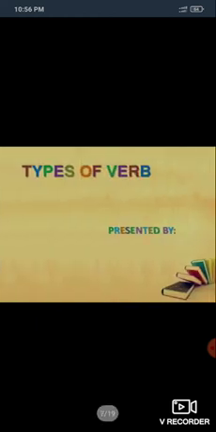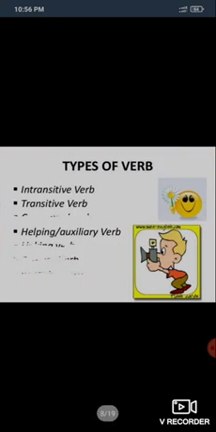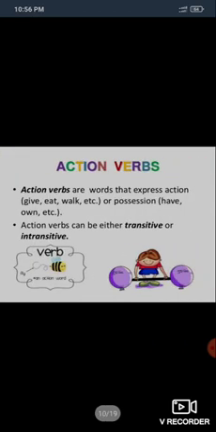Now the next point is types of verb. There are types of verb, like intransitive verb, transitive verb, helping auxiliary verb, and one more, that is action verbs. So start with the action verbs. What are action verbs?